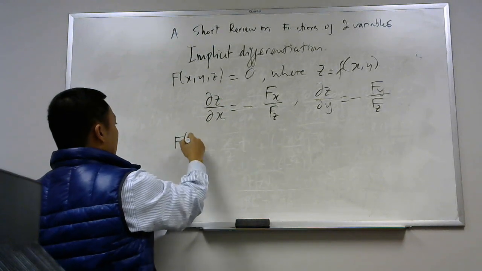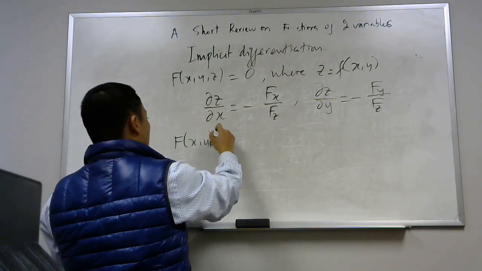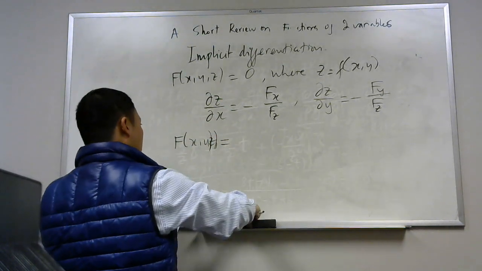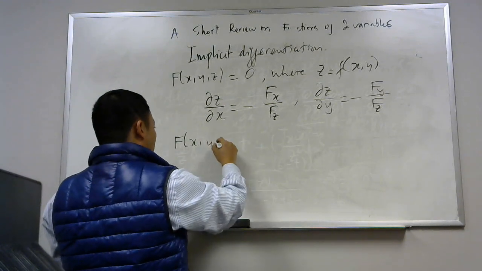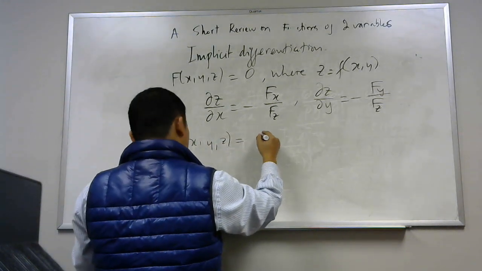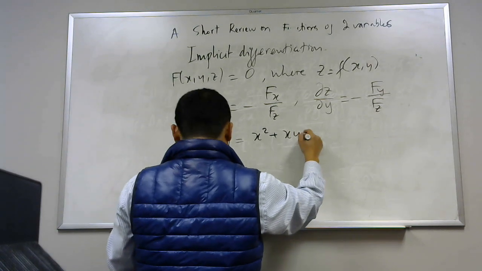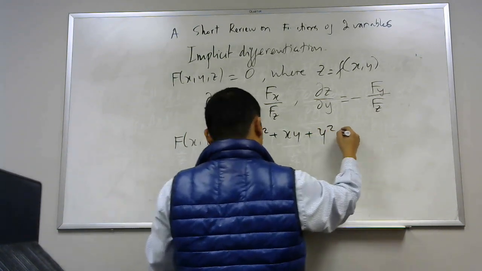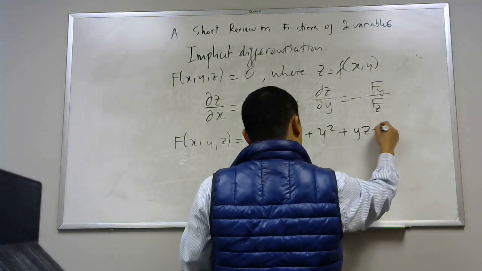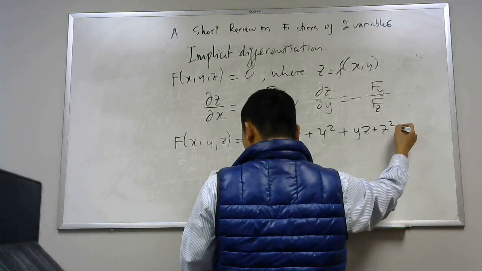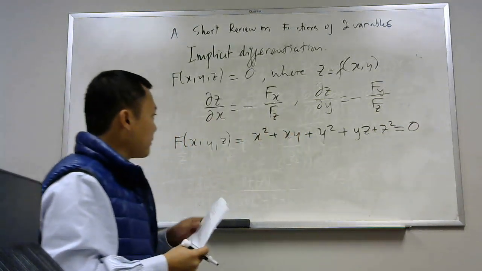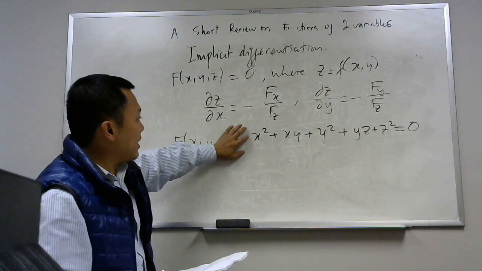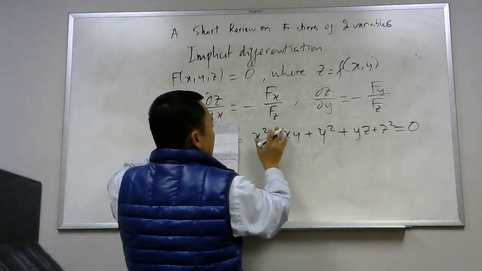Now just consider the following example. f(x, y, z) equals x squared plus xy plus y squared plus yz plus z squared, and this is equal to 0. So our function z is defined using this.